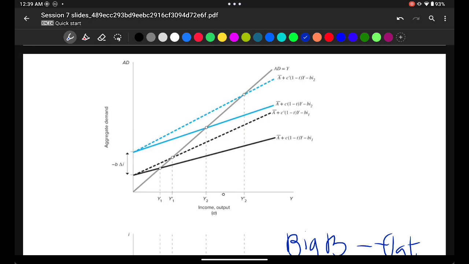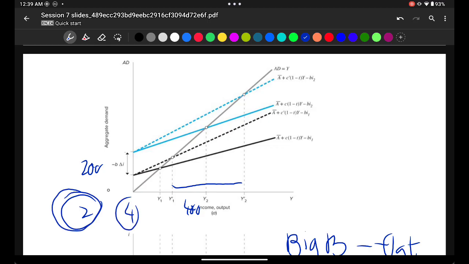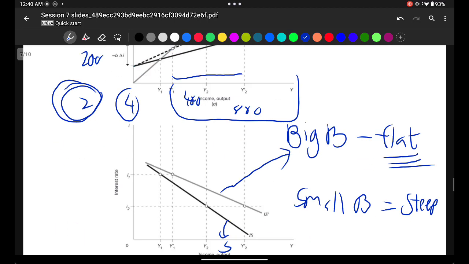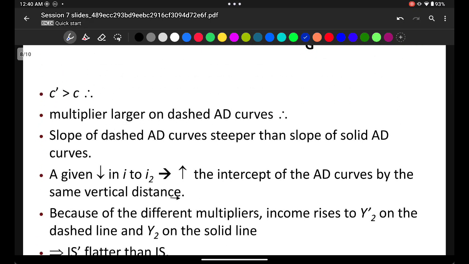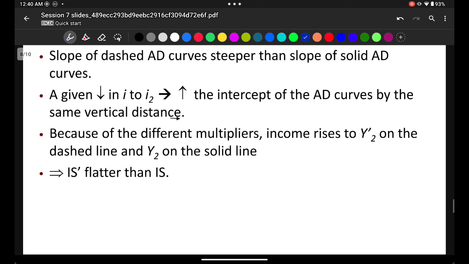And obviously our y will change by a lot, because if you increase the autonomous expenditure by 200, but your y increases more than that, let's say 400, that means your multiplier is 2, because 2 times 200 is 400. So the bigger the multiplier, if it was 4, it'll be 4 times 200, that's 800. The bigger the difference in the y's. So yeah, the multiplier is larger on the steeper curves. I just showed that right now.